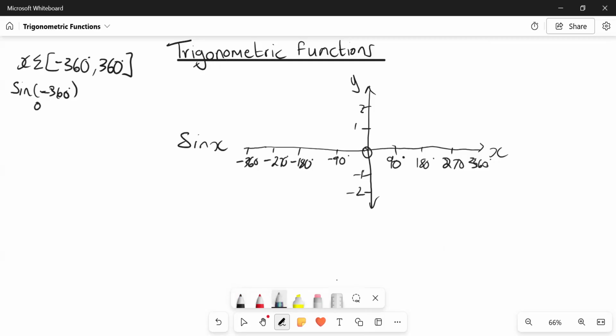So the value here, you will have a 0. And then we continue. Sine negative 270. You get your positive 1 there. And then that becomes a pattern now.